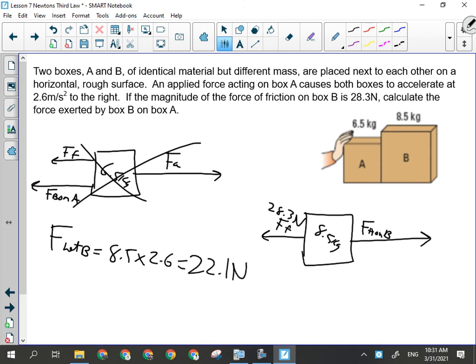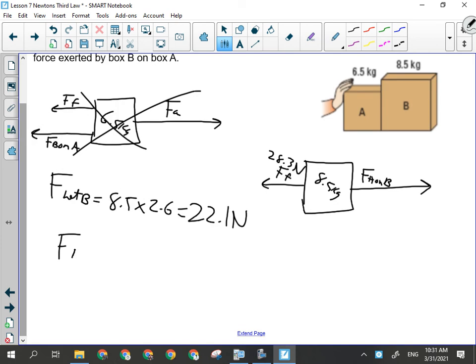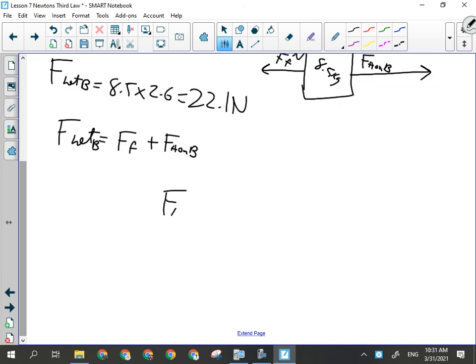To the right. That net force is the sum of the force of friction and the force of A on B. Since I know 2 out of the 3 of these, I can use the sum of all forces to find the one I don't have. So the force of A on B is net force minus the force of friction.